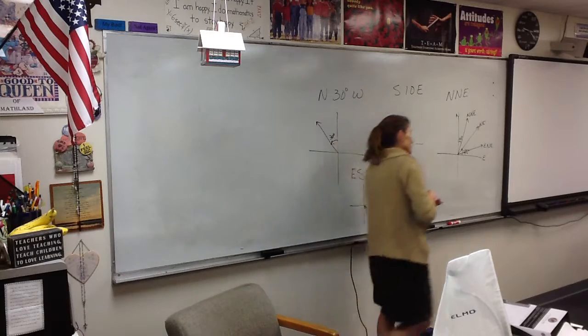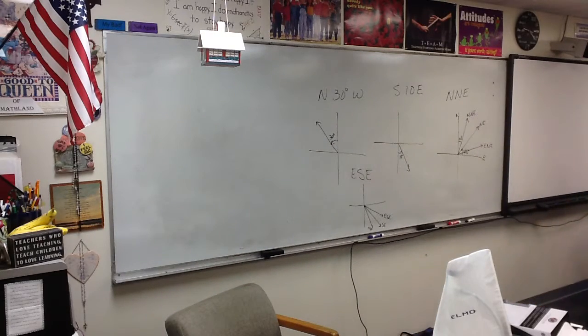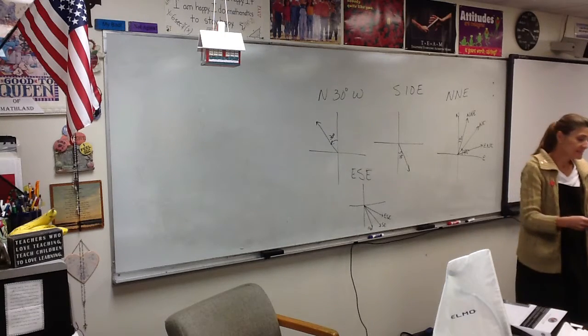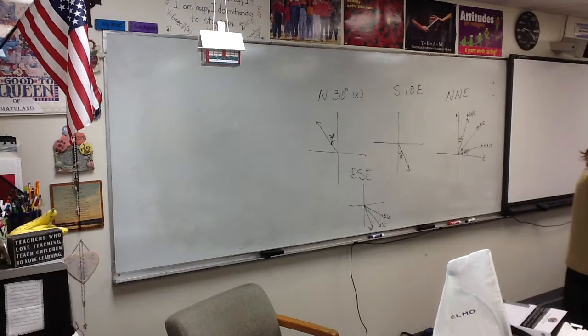All right, here's what I want you to do now. I want you to get your packets out. Oh, we have one more problem to do. We have time, but I want to make sure you're clear on homework. The second page of the big packet says trig functions of special angles, evaluate without a calculator, and there's 10 of them.